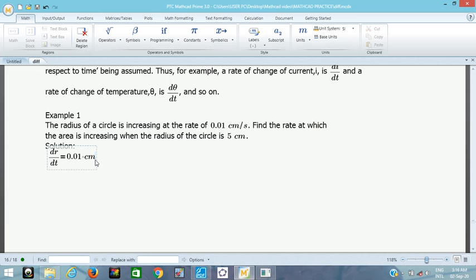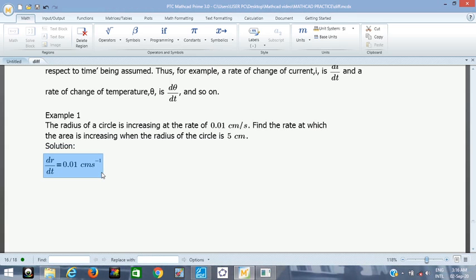So that is centimeter seconds raised to power minus 1. So this is what this statement is talking about. This is how the radius is changing. Take note of that.